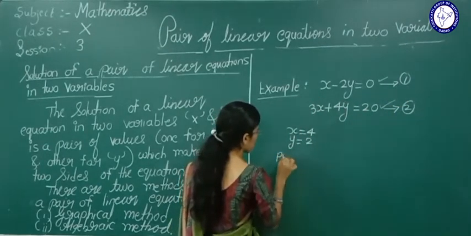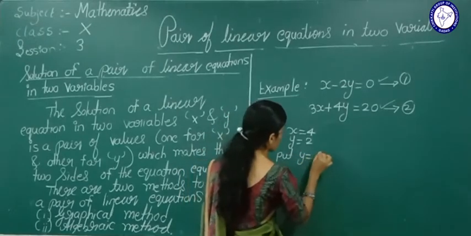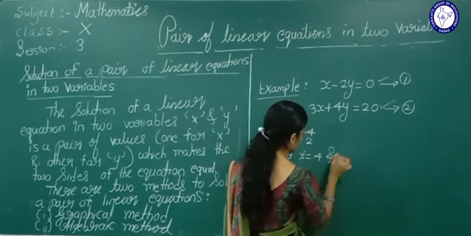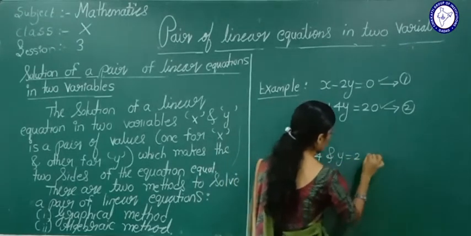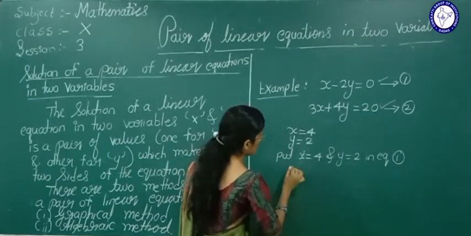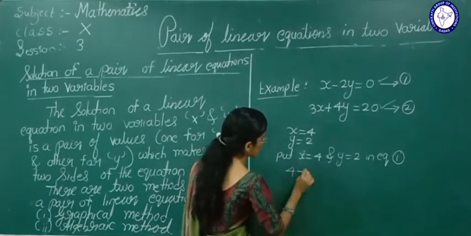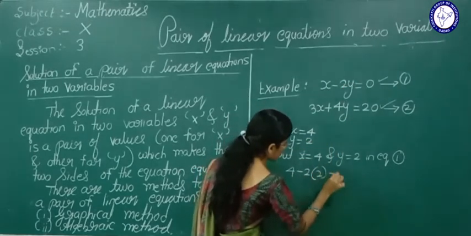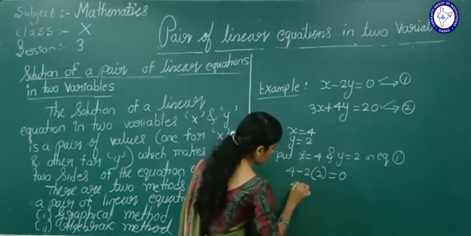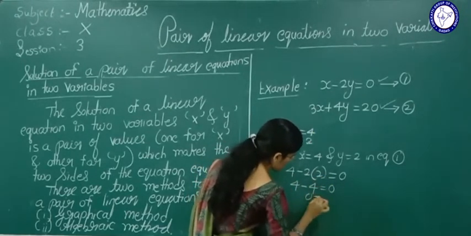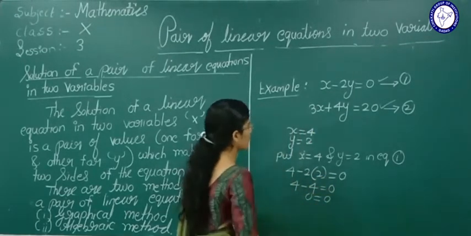Put x is equal to 4 and y is equal to 2 in equation 1. 4 minus 2, in place of y put 2, is equal to 0. 4 minus 2 twos are 4. 4 minus 4 is 0. 0 is equal to 0.